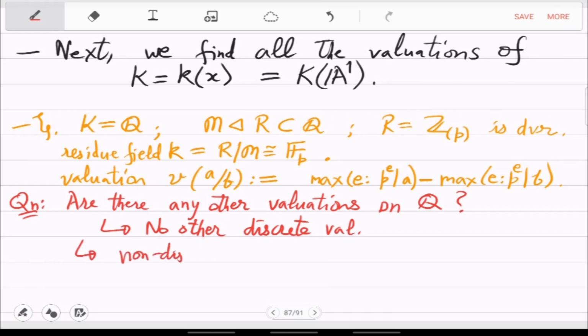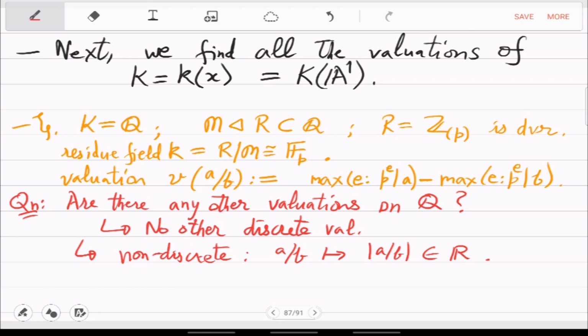There is this non-discrete one, which sends A by B to the norm of A by B. But this is a real number, so we don't count that. Amongst the discrete ones, the way we have defined, you can show that they all come from prime numbers. The second one is called Archimedean. But in this course, we have defined it to be discrete valuation, so that doesn't exist.